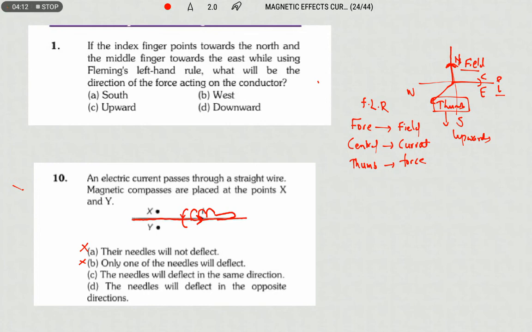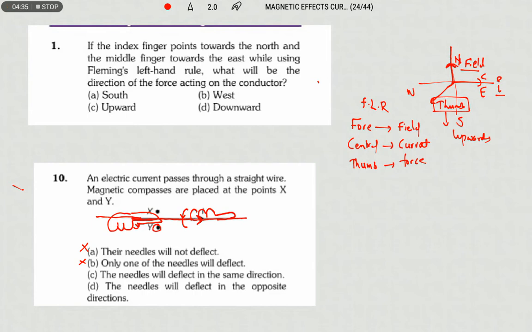Now in the same way at point Y, I am again placing the conductor. From the point Y, when I close my hand around the conductor, the fingers will be like this: this is downwards and this is upwards.